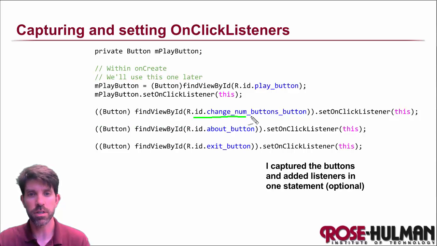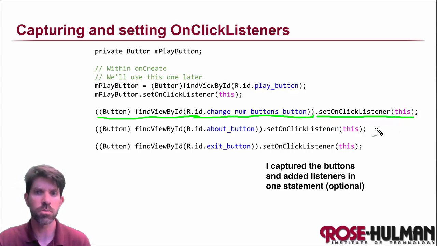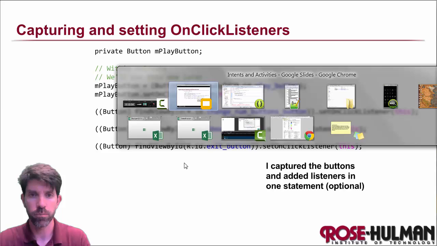Since I'm not going to be referring to these other buttons elsewhere, I'm going to go ahead and capture it in this part right here, and then take that captured one, keep it anonymous, so not even give it a name, and then go ahead and call set OnClickListener directly on it. So pretty straightforward. And then for the other ones, the same thing. I don't really care what you do. If you wanted to break it up into different lines of code, no problem there. That's just what I'm choosing.